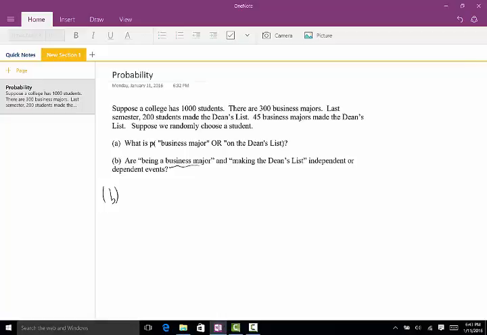One way would be to use the formula for independent events and check to see if that works. If two events are independent, then the probability of A and B would equal the product of the two events' probabilities.